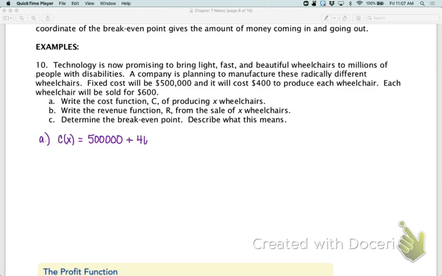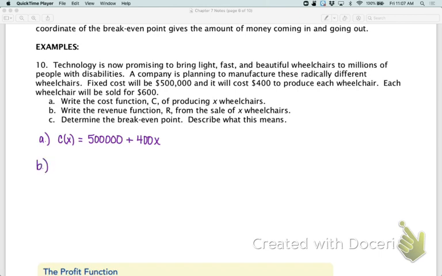So that would be 400x. So that's our cost function. Okay, so for example, if I produce just one wheelchair, it is going to cost me $500,400. Producing just one doesn't make a whole lot of sense because you're going to lose a lot of money there unless you sell that wheelchair for $500,000.